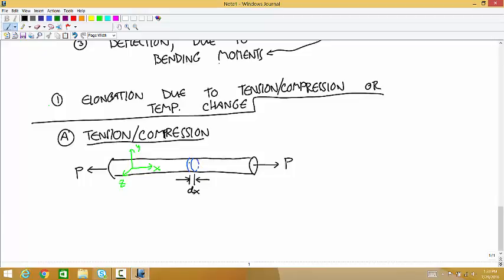Well, the stress at that point, it's an XX stress. This is at the infinitesimal disk. It is equal to the internal tension at that point divided by the cross-sectional area.